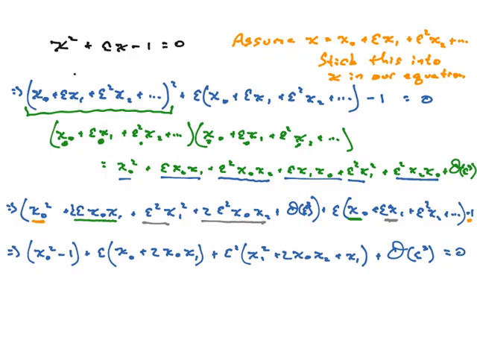So let's say we start, let epsilon be 1. Then I could go through and solve this equation, figure out what x naught, x1, x2, all these things should be such that when epsilon's 1, all these things added together give me 0. But then if I change epsilon from 1 to 0.1, those same values of x naught, x1, x2 will not hold anymore to make this equal to 0.